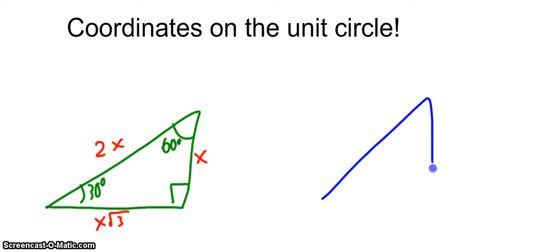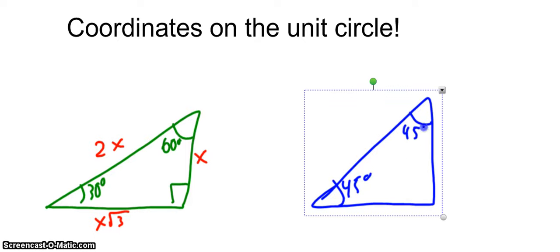And then also, if I have my 45, 45, 90 triangle, then this is going to be x, x, and x root 2. So we looked at those the other day, and that's going to come back.